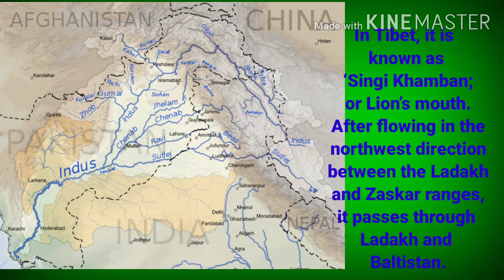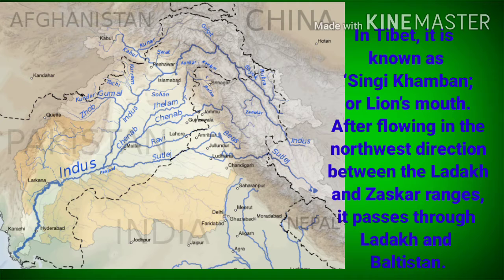The Indus River, also known as the Sindhu, is the westernmost of the Himalayan rivers in India. Tributaries such as the Shyok, the Gilgit, the Zanskar, the Hunza, the Nubra, the Shigar, the Gasting and the Dras. In Tibet, it is known as Singi Khamban or Lion's Mouth.